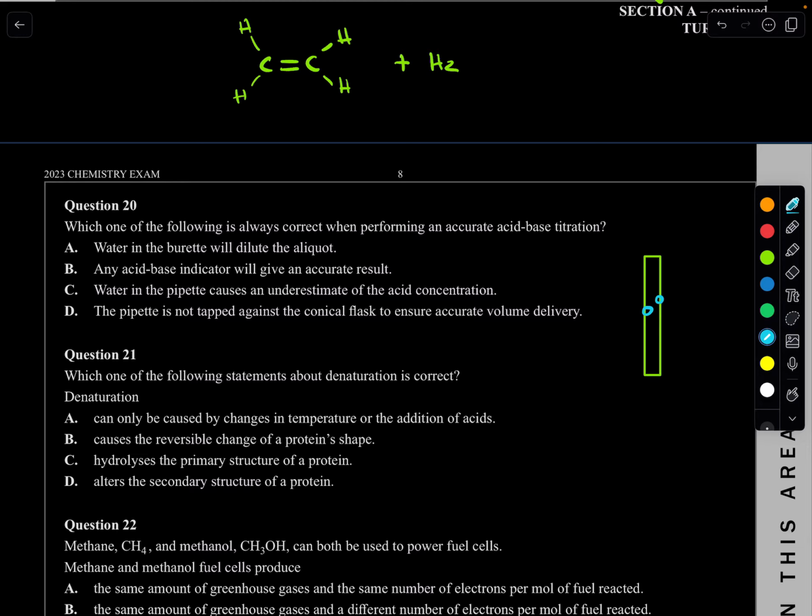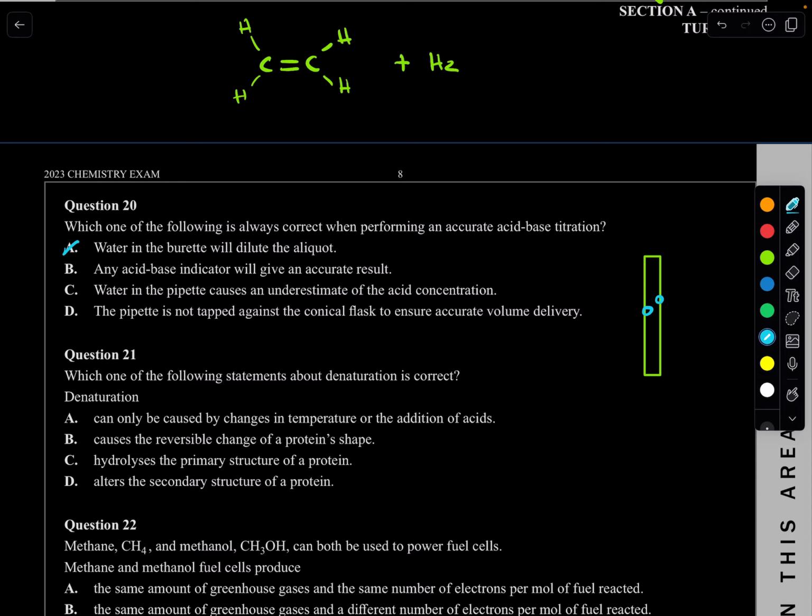If we have water in it, we decrease the concentration because we're diluting the standard solution, the titrant. So water in the burette dilutes not the alkali, but the titrant. So not that one.